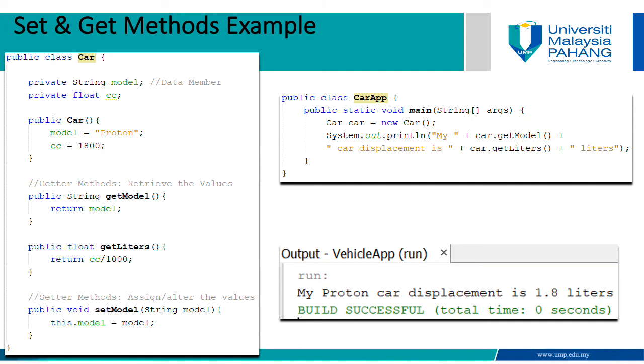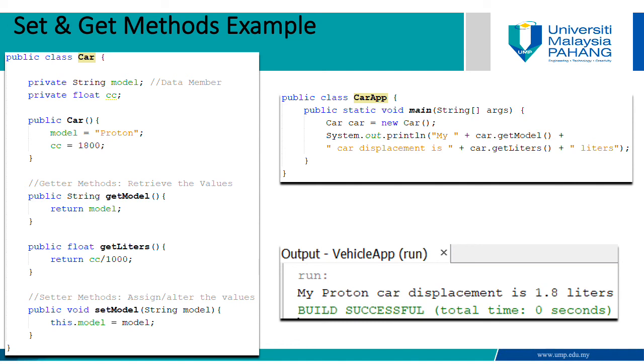So car.getModel will call the public class Car and print out the car model for you, plus car.getLiters.